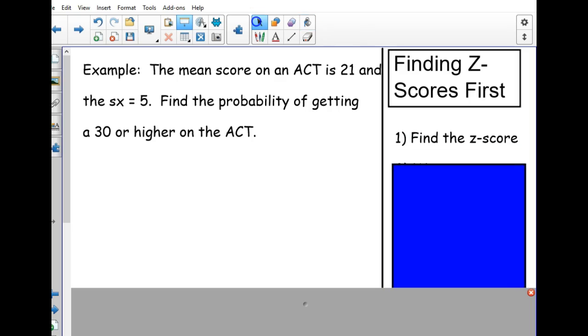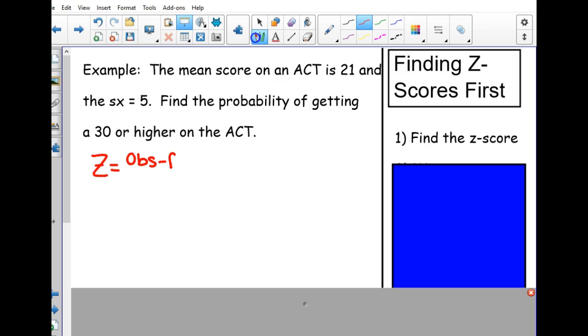If you were gone on Friday, that was the lesson on Friday. Please watch the notes if you need to, but the actual z-score formula is z is equal to my observation minus my mean, divided by my standard deviation. So for this z-score, I'm going to take my observation.